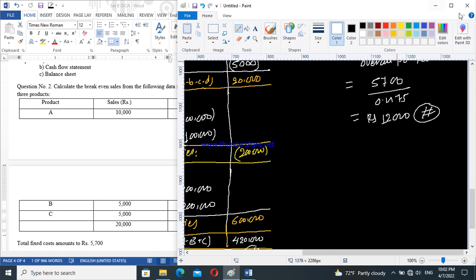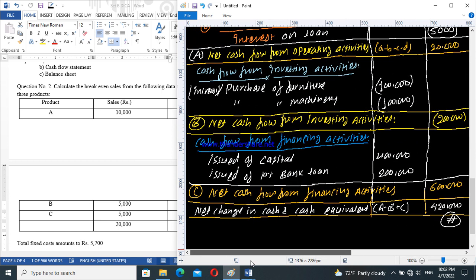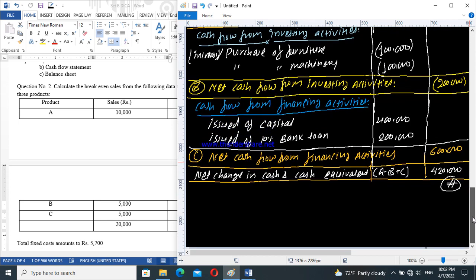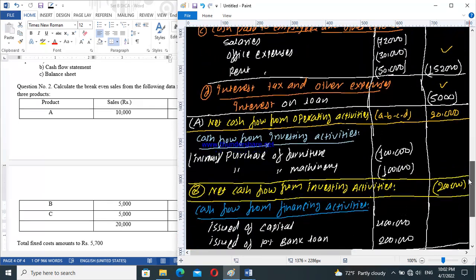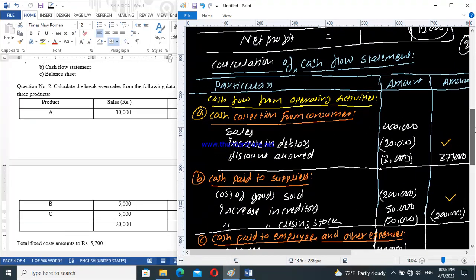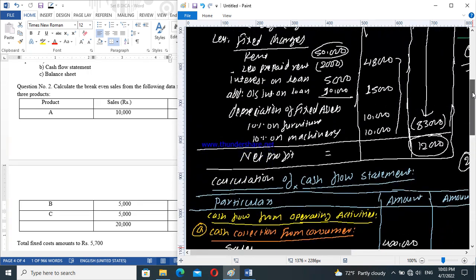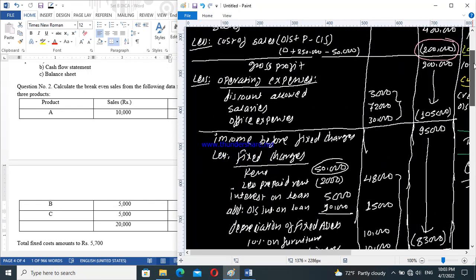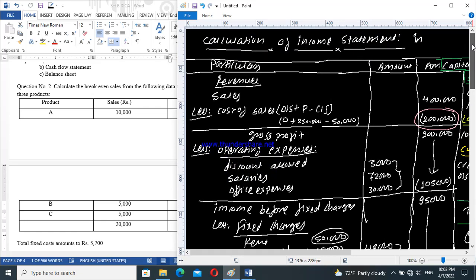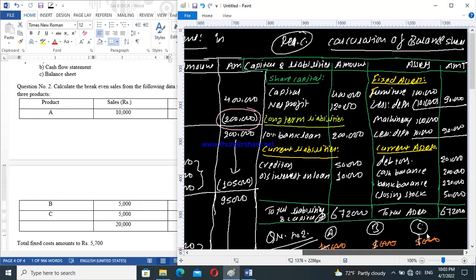If you have any query, you can ask below in the comment box, and you can copy all the information. Cash flow statement is over here, and you can copy all the information, and this one is income statement, and after completing the cash flow statement we have balance sheet.